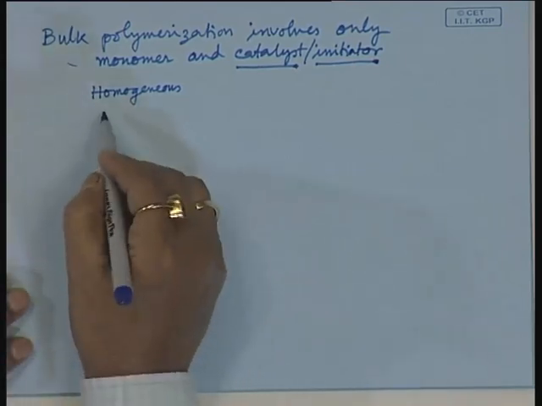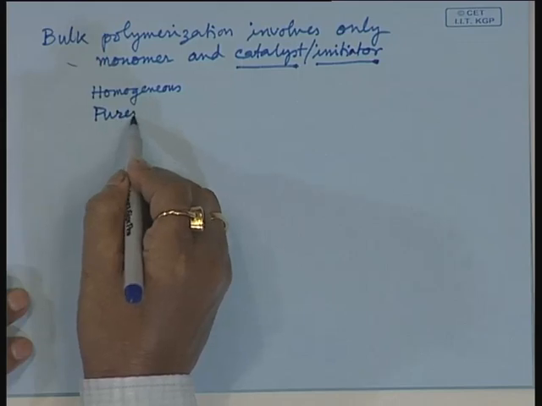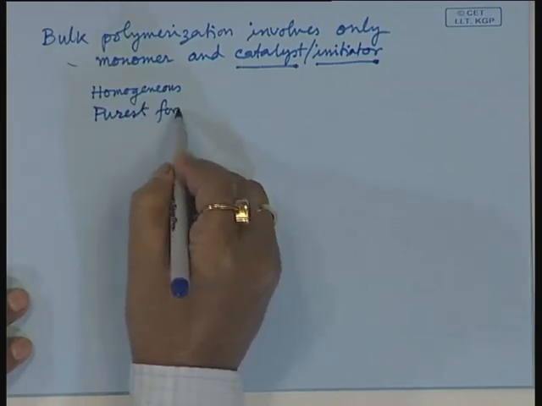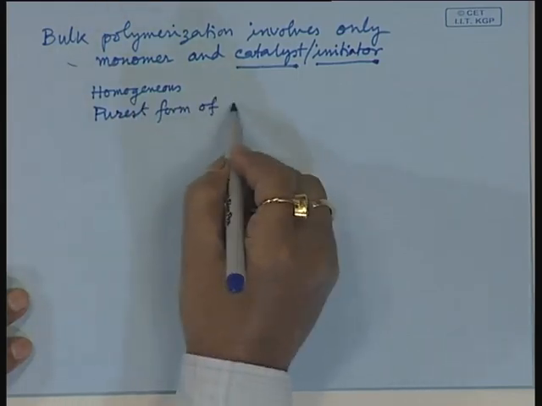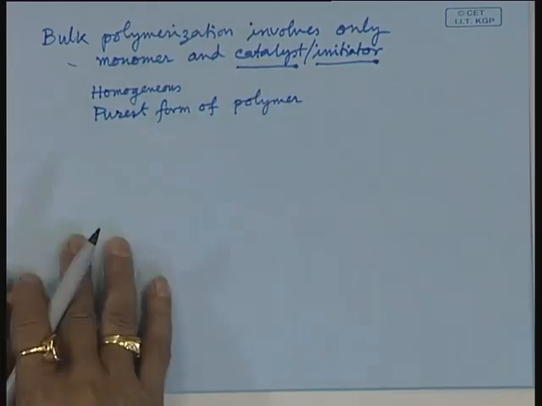And we get the purest form of polymer. If we need a very high purity polymer, then we should go through this bulk polymerization technique, because after the polymerization, what will be the composition?